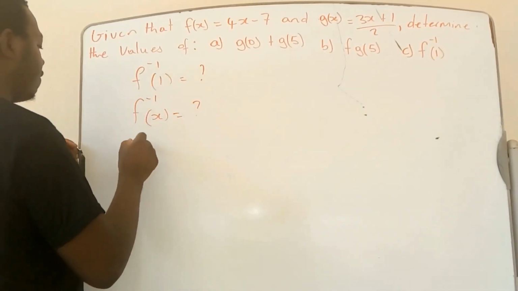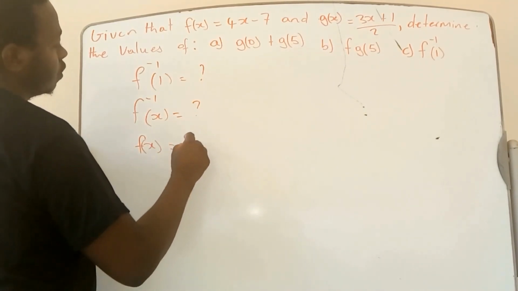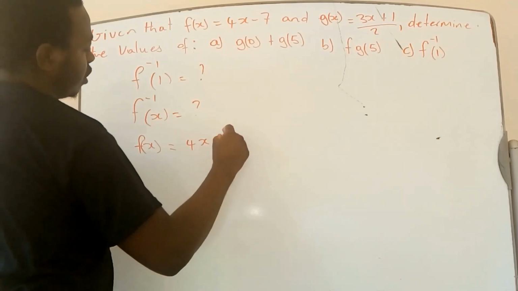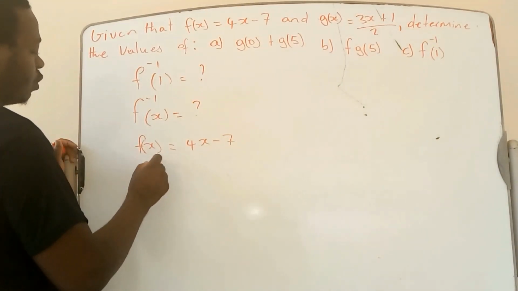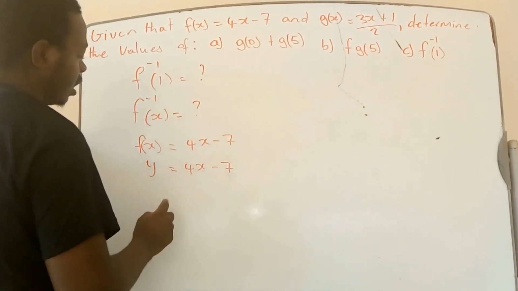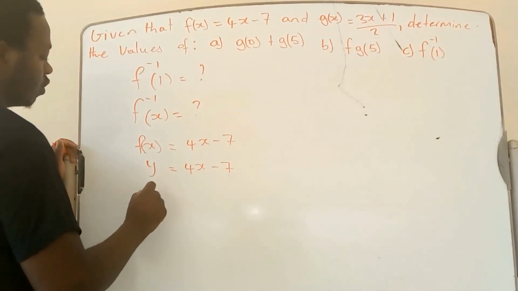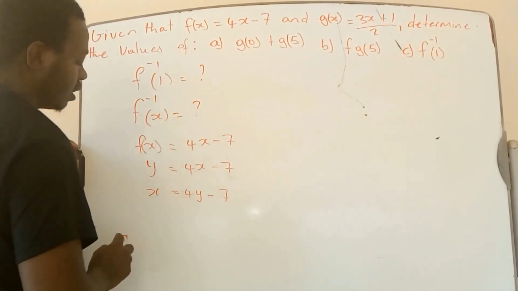So we know that f of x is equal to 4x minus 7, right? So we replace f of x with y, so y is equal to 4x minus 7. Interchange x and y, so x is equal to 4y minus 7.